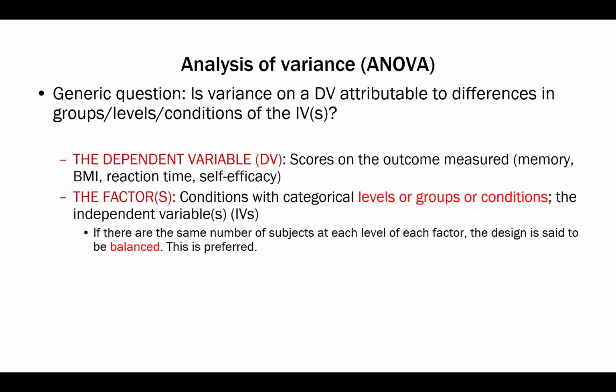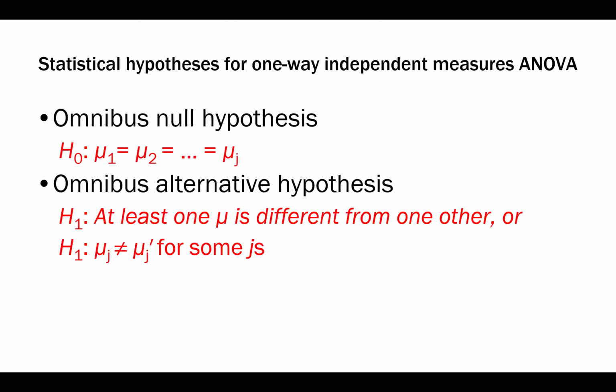We call the group assignment, or the categories that people belong to within the factor, both levels, groups, and conditions. The words are used fairly interchangeably. And we only have one factor in the type of ANOVA, the one-way ANOVA, that will be covered here.